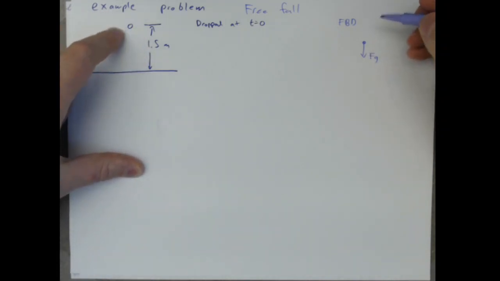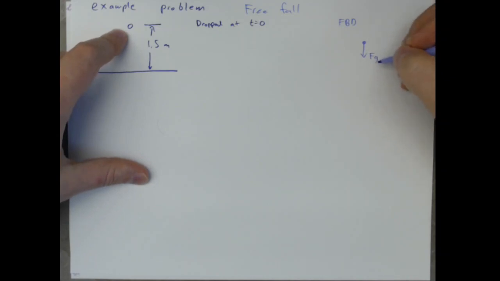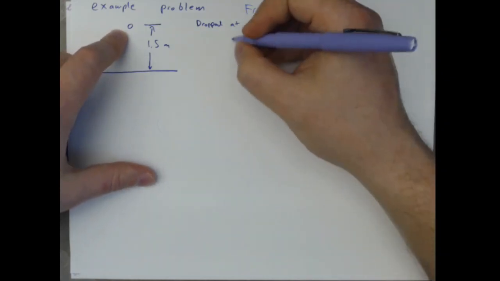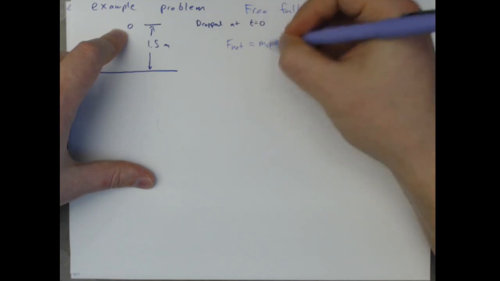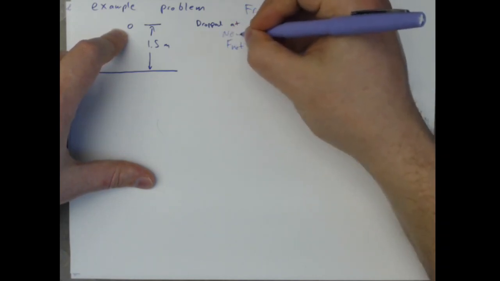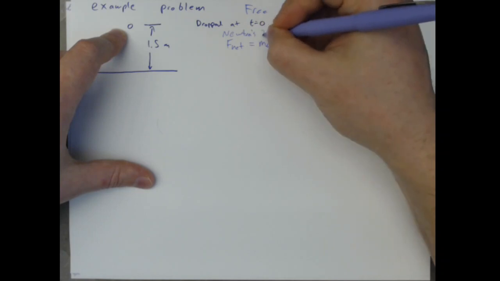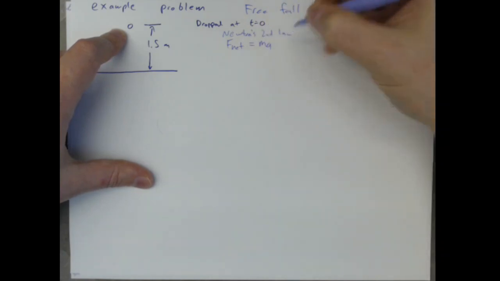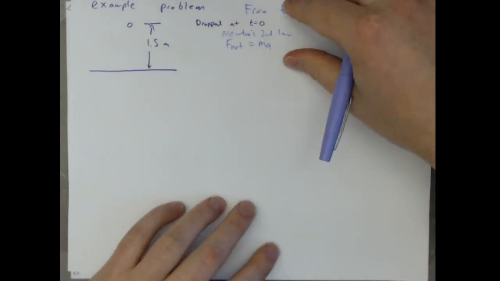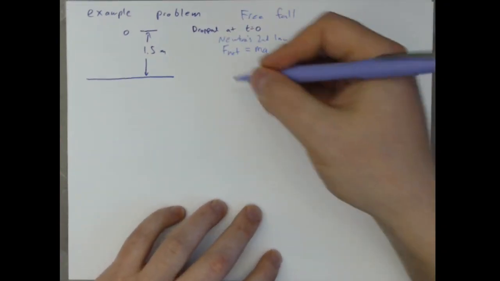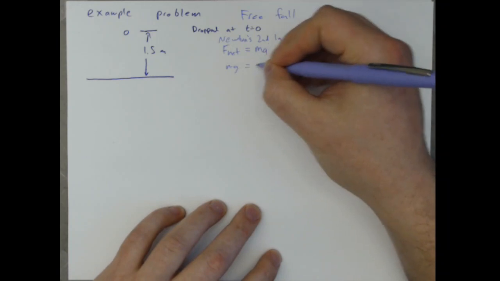We're going to assume it's at the surface of the Earth, so the only force acting on it is gravity. So again, F net equals ma from Newton's second law. With that combined, mg equals ma.